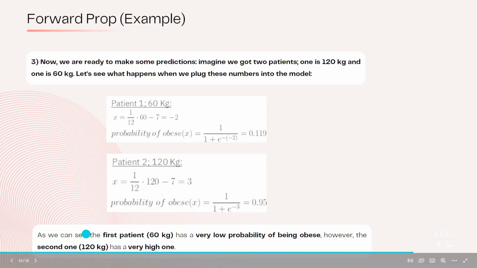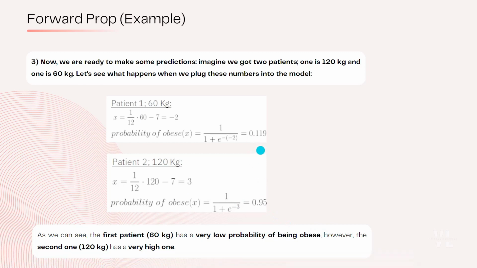As we can see, the first patient, 60 kilograms, has a very low probability of being obese, and we have used a threshold value of 0.5. So since the first probability falls below the threshold value, then this person is not obese, and we classify it as 0.